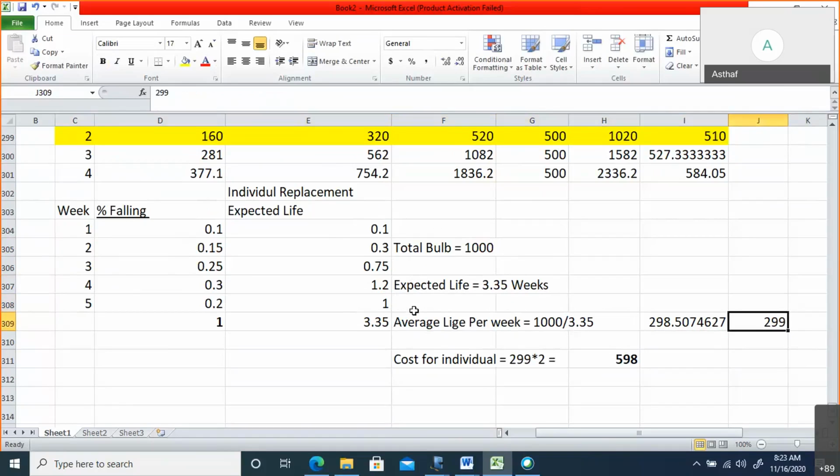So the cost of individual replacement will be the cost into 299. So 299 into 2 will come what? 598.